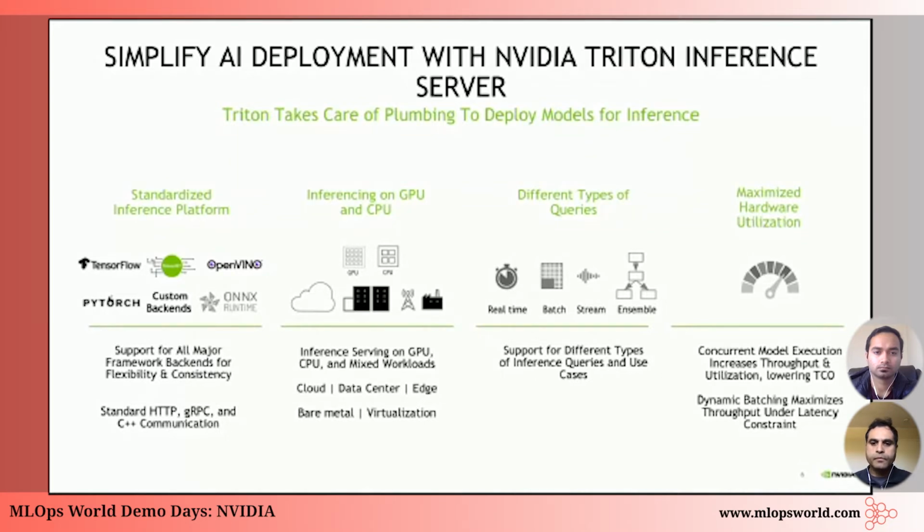And so if you have multiple different clients that are sending in multiple independent requests to Triton, on the server side, we can group them together and get better performance and efficiency through running inference on a batch. And at the same time, this dynamic batching feature is very configurable, so you can specify a latency limit or a threshold for how long Triton should wait in order to create these batches. And so that way you can maximize performance while still staying within your latency constraints.